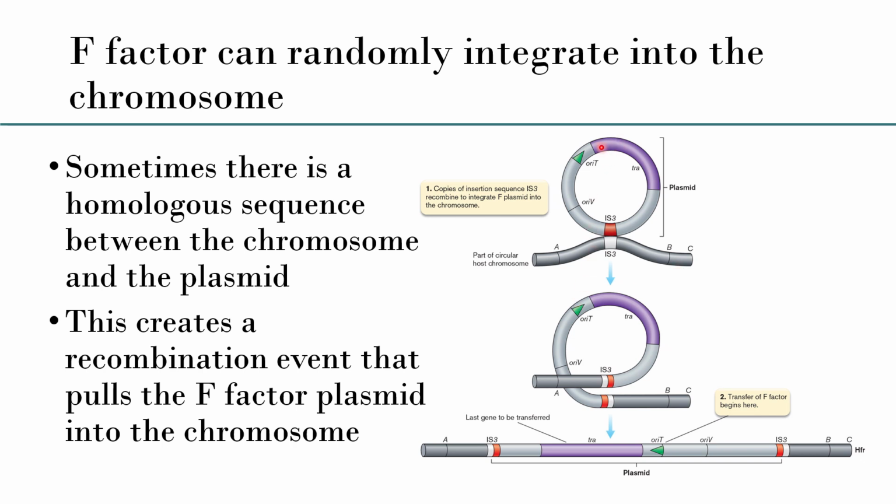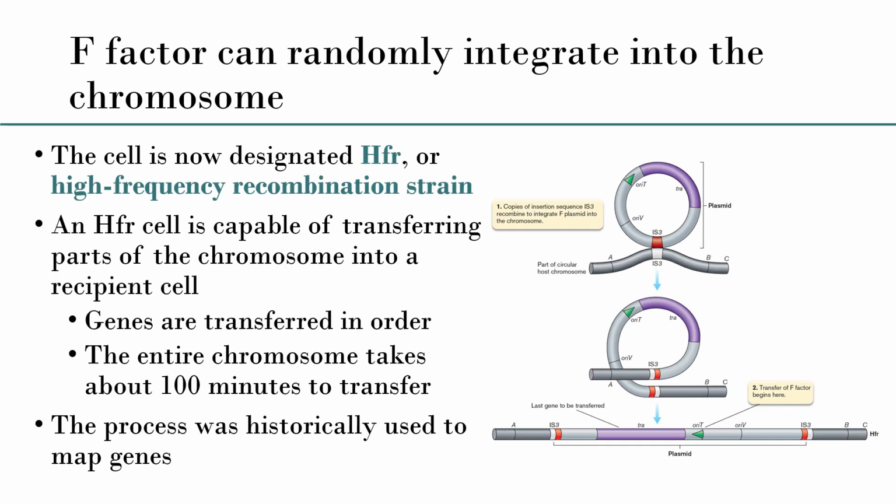And we end up inserting the whole plasmid into the chromosome itself. The chromosome is the dark gray here, as you can see here. And now we can see that there is ori V, ori T, and the whole TRA region all embedded within the chromosome itself. Now, this cell is going to be called an HFR, or a high frequency recombination strain.